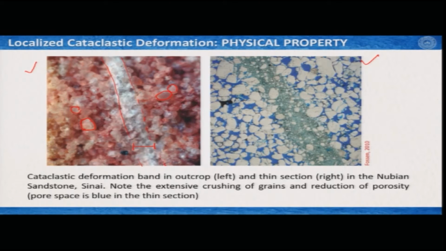Here we can see the individual grains separately, the blue areas are your porosities, the open spaces, but along this zone you can clearly see that within these zones the grains are crushed, they are highly pulverized, grain size got reduced, and porosity is also extremely less.